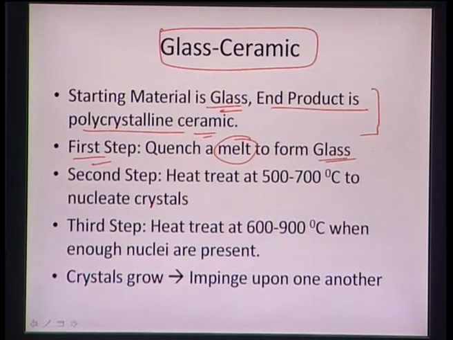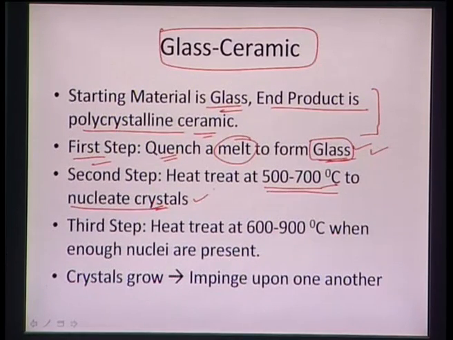So first of all we take the material to a higher temperature, then we quench it to form a glass. So the first step is that we form a glass, and the second step is that we heat treat it at around 500 to 700 degrees centigrade to nucleate certain crystals.